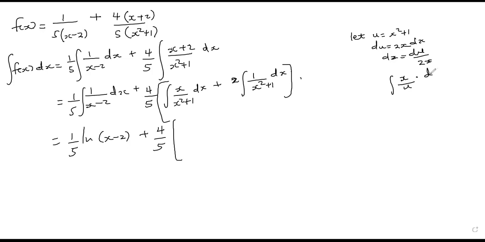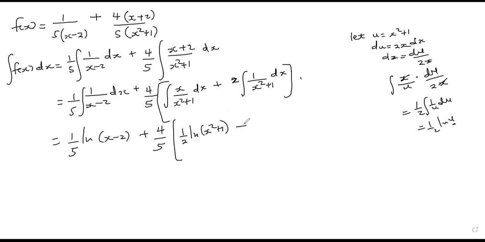Instead of dx, I will write du out of 2x. This one will cancel. So I'll move a half outside, so it will be a half integral of 1 over u du, which is a half ln u, but u is x squared plus 1. So that's why I was telling you that this one becomes a half ln x squared plus 1.